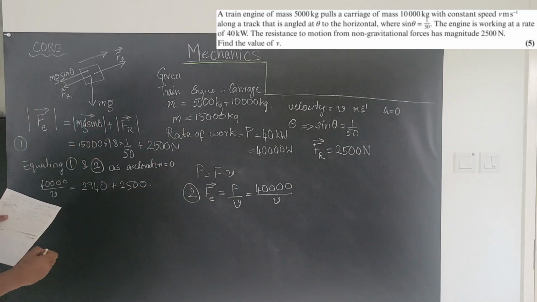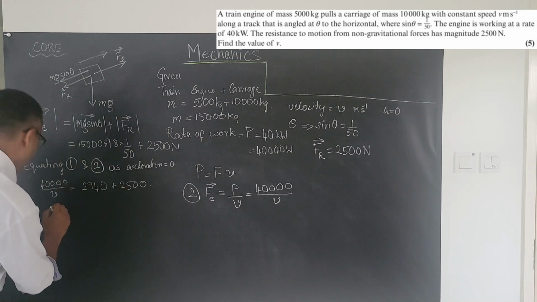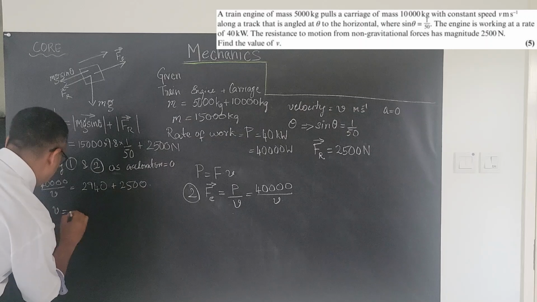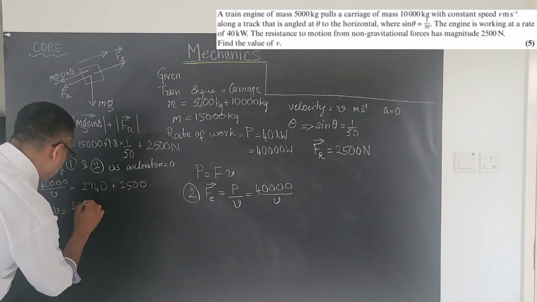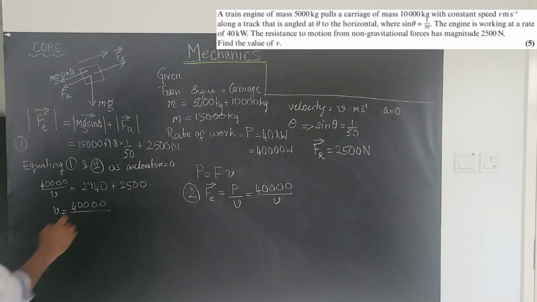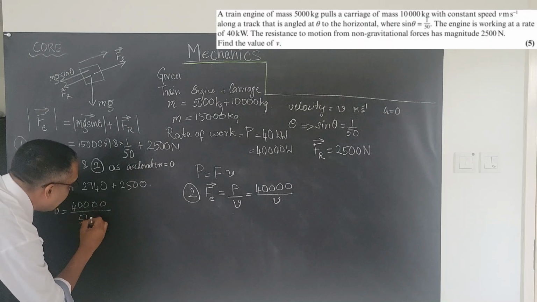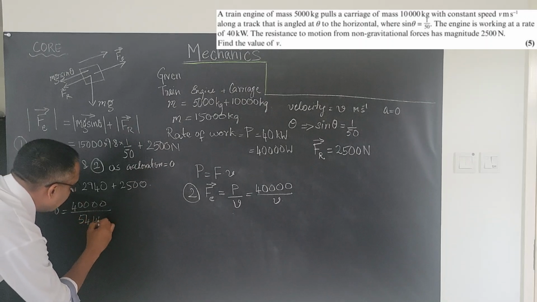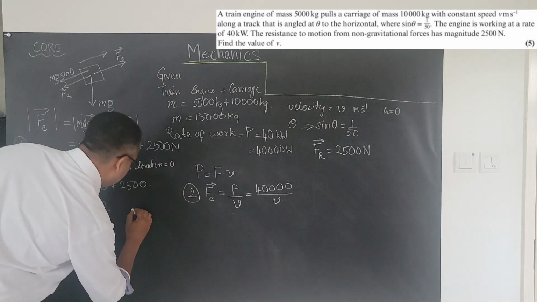Now, if I did the math there, what would I get? If these terms went the other way, velocity is equal to 40,000 divided by 5,440, and I would write my final answer.